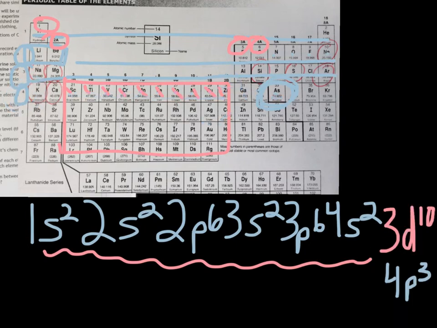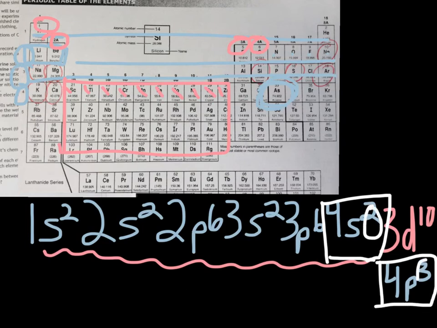We have to identify what the outer energy level is, and so the highest number of levels is the 4s, the 4th energy level. So I'm going to box in that 4th energy level, and if I add up the electrons, 2 here, 3 here, that gives me 5.